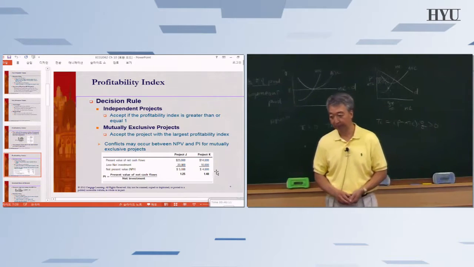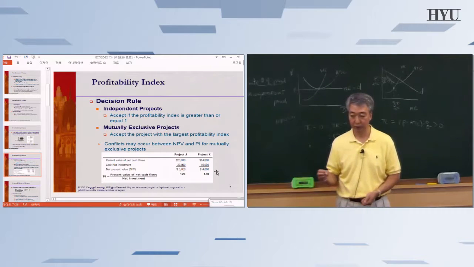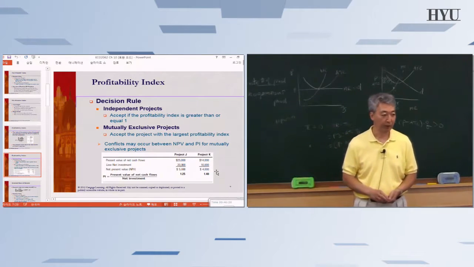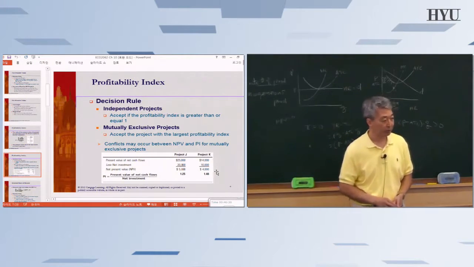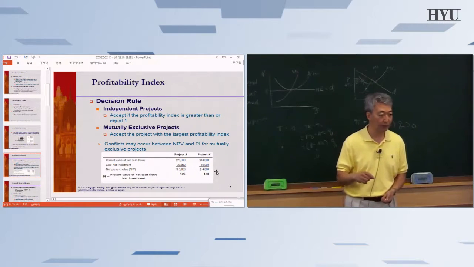However, if you are facing capital rationing, in other words, you don't have enough money, or you have a very tight financial situation, so you need higher return on your money right away, remember, PI, Profitability Index, gives you the return on $1 investment.